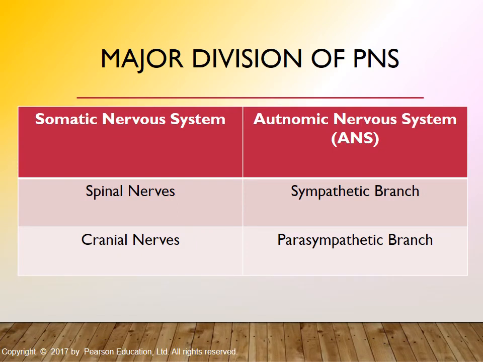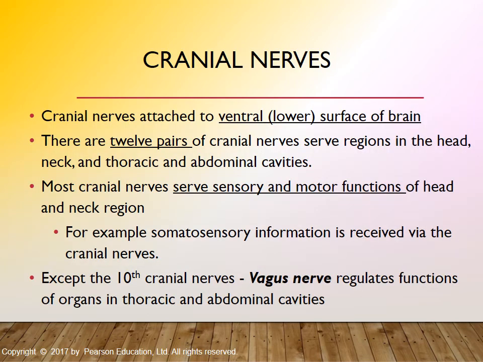Okay, so the peripheral nervous system is divided into spinal nerves and cranial nerves. Spinal nerves are the sympathetic branch, whereas the cranial nerves are the parasympathetic branch. Now I explain a bit about the cranial nerves. Okay, the cranial nerves are attached to the ventral lower surface of the brain, and there are 12 pairs of cranial nerves that serve regions in the head, neck, and thoracic and abdominal cavities.